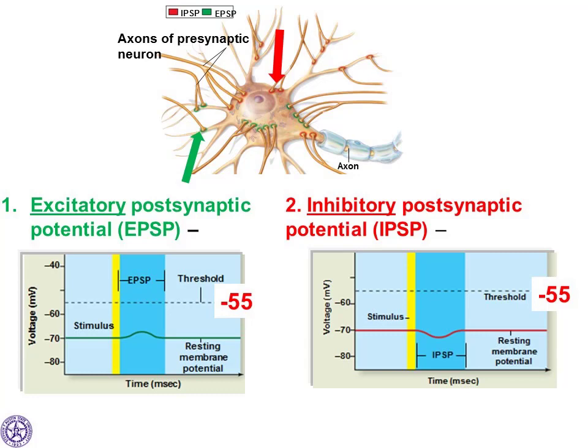But I think you can already appreciate that if all you're going to get are these little small changes, you're going to need a bunch of them to change the potential up to our trigger point, up to our minus 55. All right. So that's a little bit about the receptive segment.